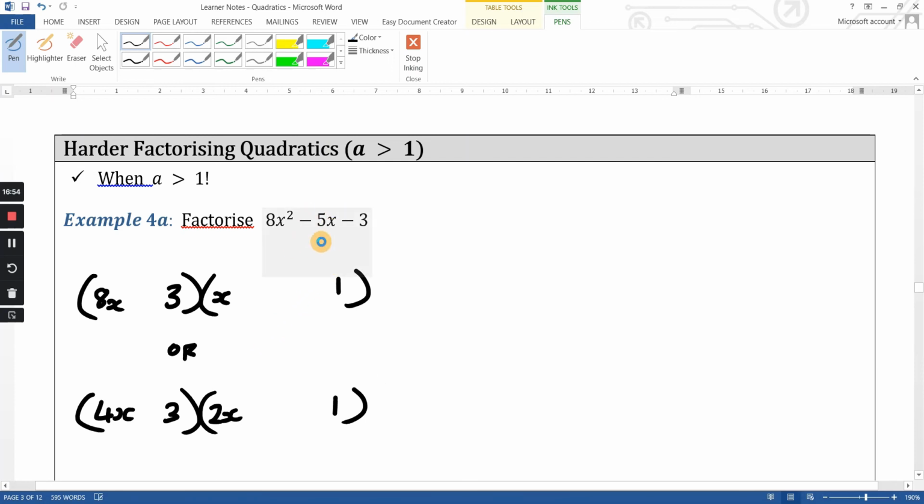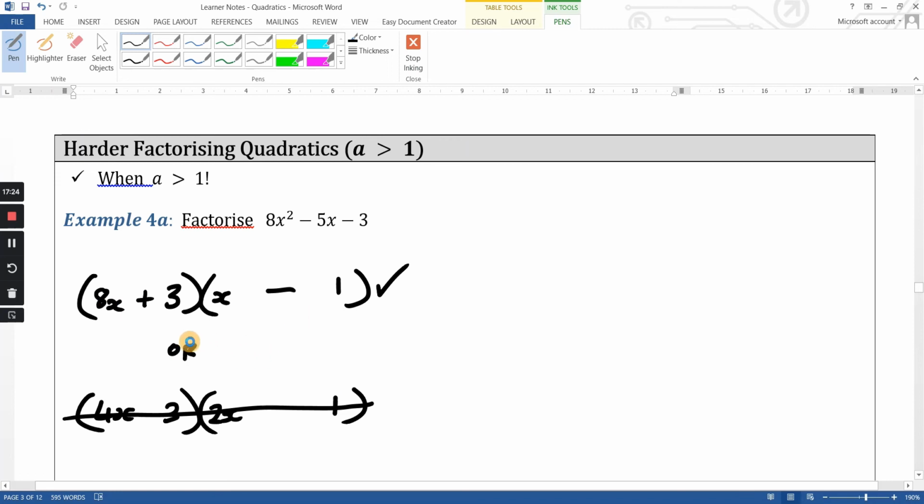No, sorry, I'm going to need -5x. So I'm going to need a minus here, which will give me -8x, and a +3x. That's going to give me the -5x. So in fact, you can rule this one out, and this is going to be your answer.